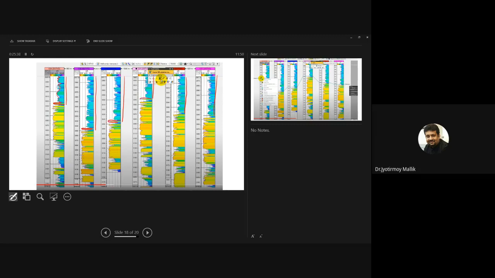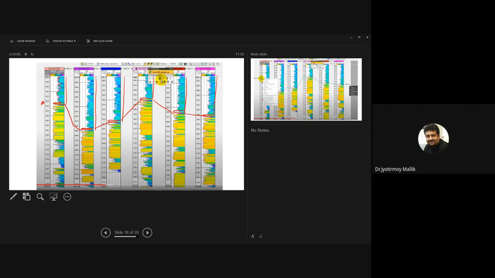There's a small sand streak before the actual sandstone starts and before the shale actually ends. So perhaps I can correlate these, and let us name them as A.